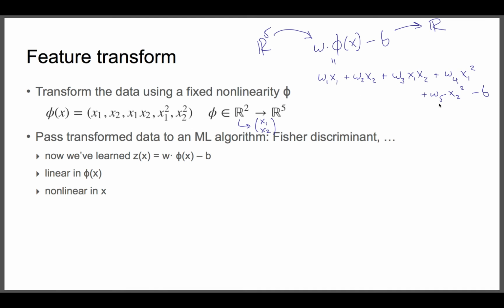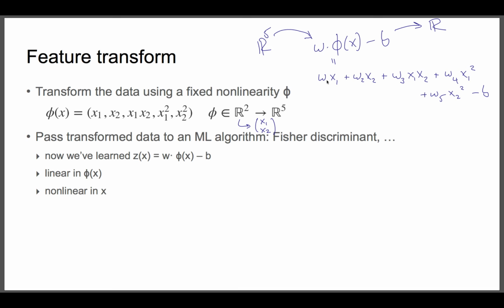And so this is a very general quadratic function. It's a completely general quadratic function in 2 dimensions. By setting w and b appropriately, I can get any quadratic function of 2 variables. And so that means by choosing to threshold it at 0, I can get any conic section.